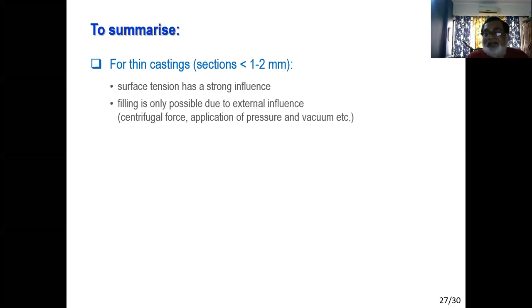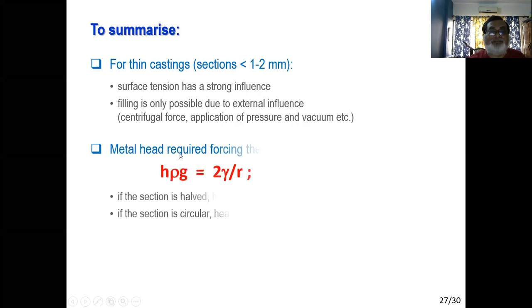Later we will see that there is a casting process commonly called centrifugal casting, where velocity is used to centrifuge the liquid metal into the mold cavity. Because of this high velocity and high centrifugal force, liquid metal can enter into the mold cavity. So this type of external force is needed to enter into the mold having this small section.